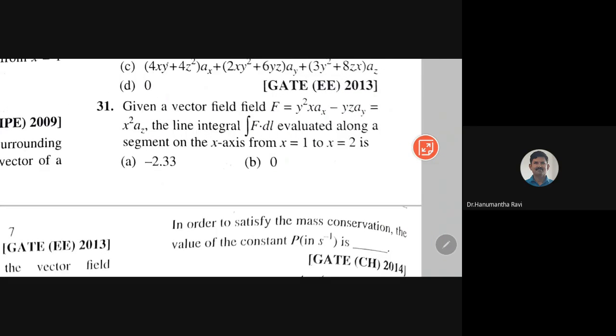Then you take this one. Given vector field is, here a_x, a_y, a_z are unit vectors along the x, y and z axes respectively. So in place of a_x you can take I bar, in place of a_y you can take j bar, and in place of a_z you can take k bar.